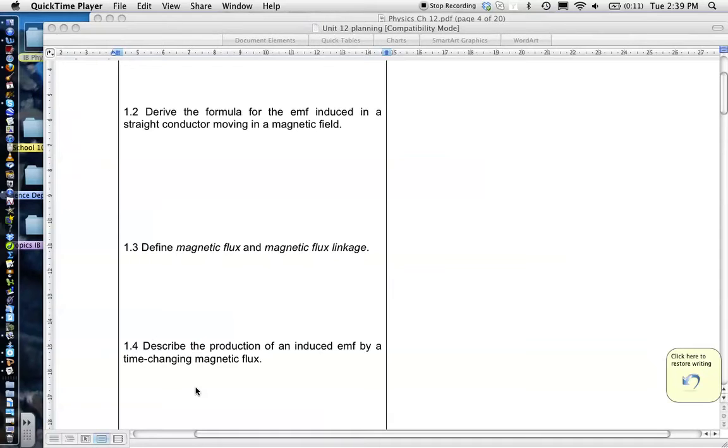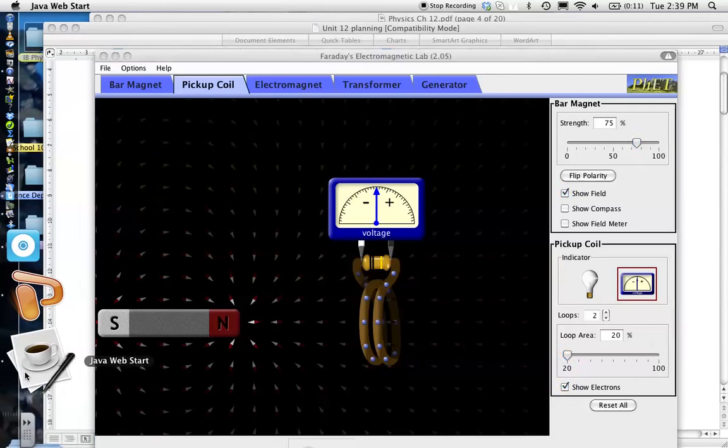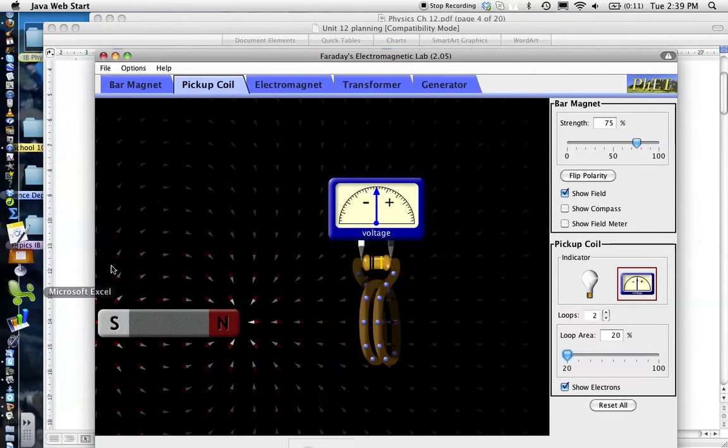Now, to discuss this in a little bit more detail, we are going to just call up the app that we have used before, this one over here, and you can see I've got the situation of this coil.